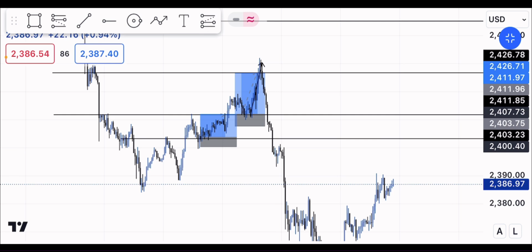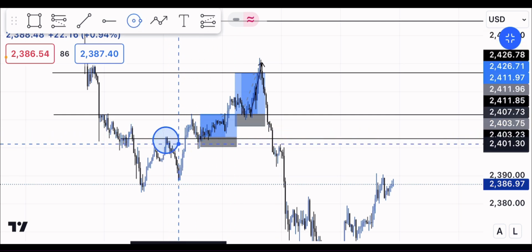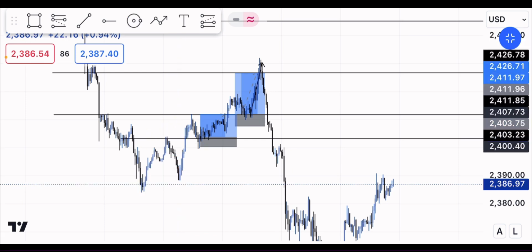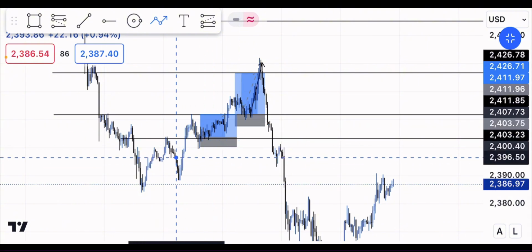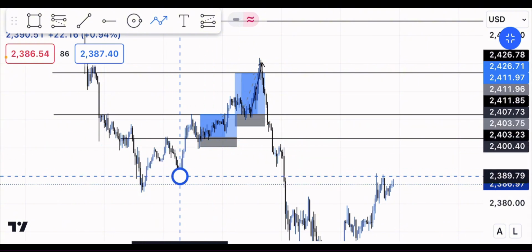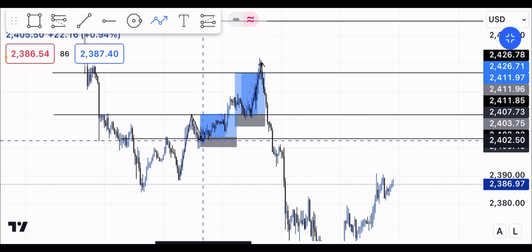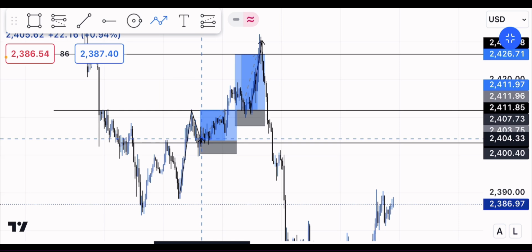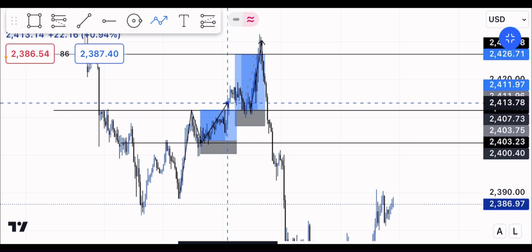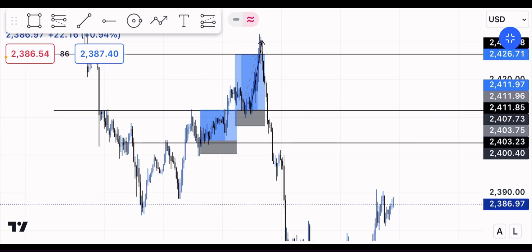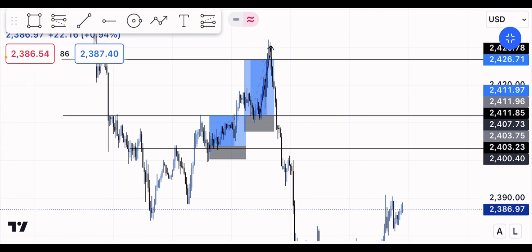After the market breaks this zone, I was expecting the market to pull back to this zone again, which it did. Then I look for my entry and enter for a buy. That's how I got this trade. Enter for a buy at this zone.